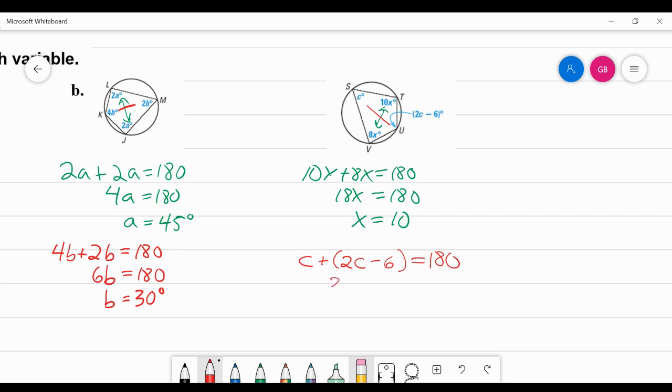So 3c minus 6 is equal to 180. So 3c is equal to 186. And if you divide 186 by 3, you get 62. So c is 62. And that's it.